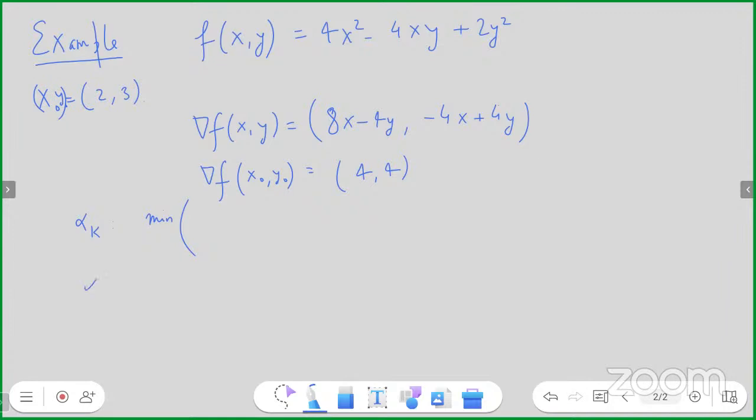What do you want to choose alpha_k to be? The one which minimizes f of x_k minus alpha_k times gradient of f of x_k. You want to choose alpha_k such that it minimizes, so this is argmin over alpha. So in this case, what will that be? Can you just see?